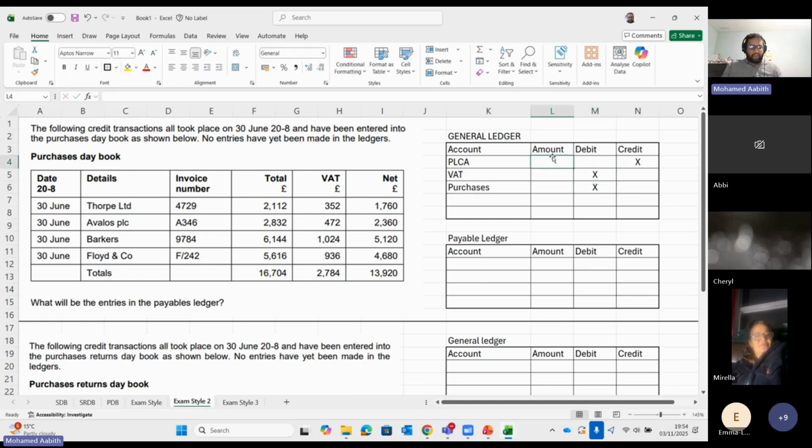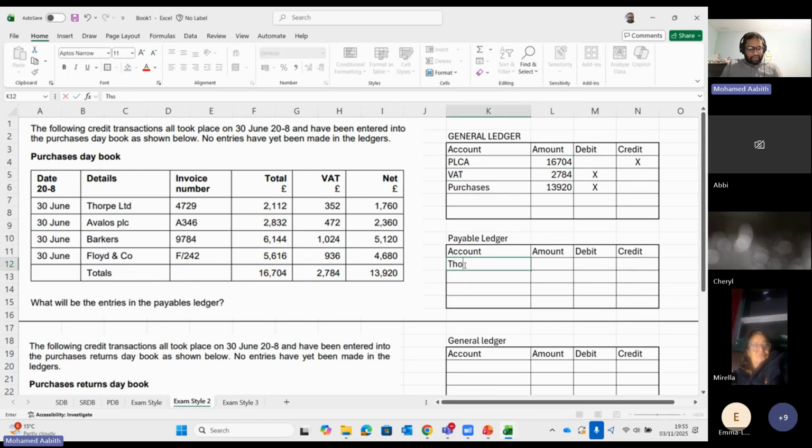So let's look at the figures here: 1670, 42784, and then we have 13920. So can you notice that if we add these two debit figures, that will be equal to that credit figure here. Now let's look at that next one.